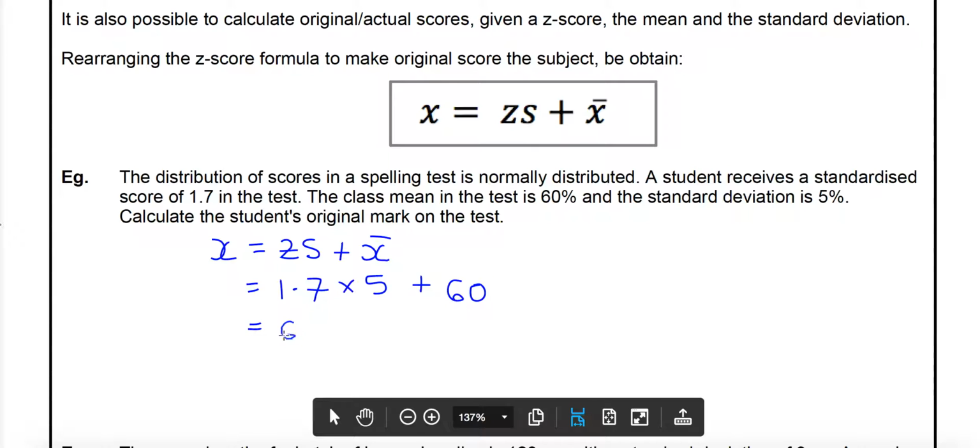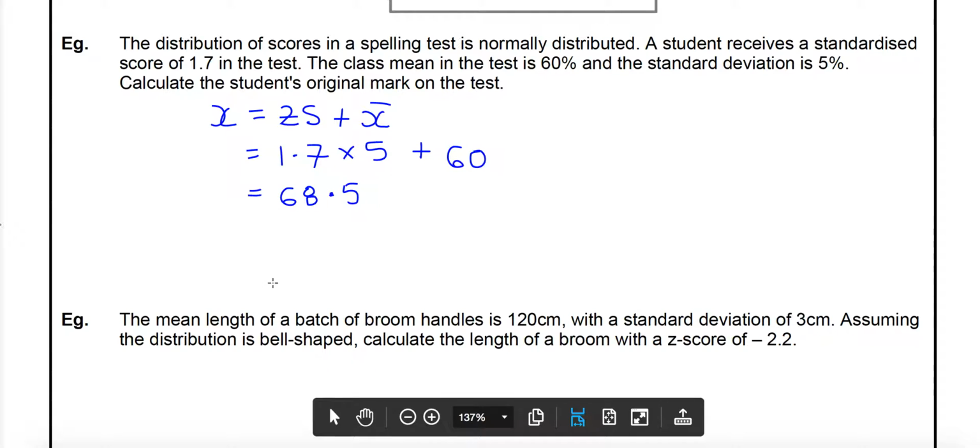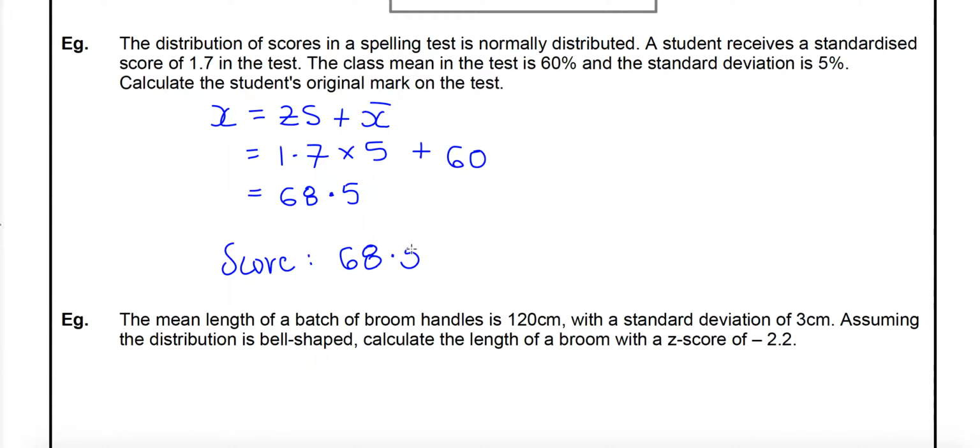And what we should find is our student received a score of 68.5. Now this is in percentages, so I'm going to say my final answer here. His score is 68.5%. So we're basically substituting the information here into the rule.